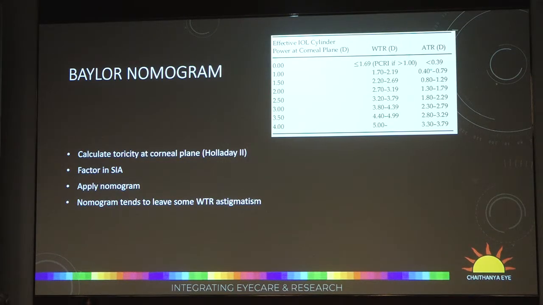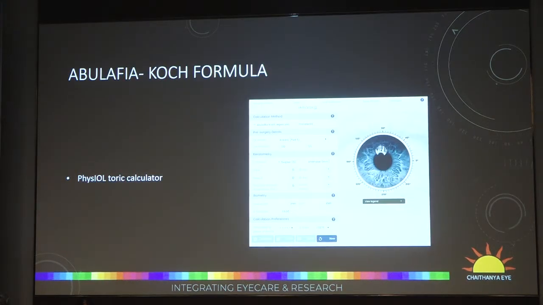The Baylor nomogram is a nomogram which you can obtain, and it usually calculates the toricity at the corneal plane using a Holladay 2 formula. You should factor in your surgically induced astigmatism, apply the nomogram. It tends to leave some with the rule astigmatism. There is also the Abulafia-Koch formula available on the Toric Calculator online.